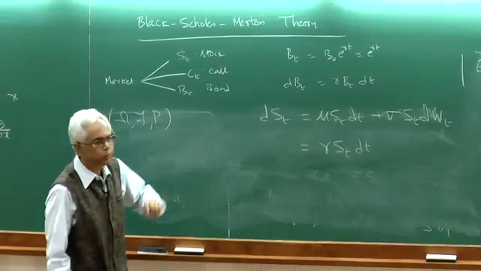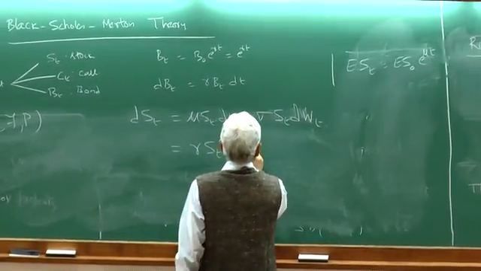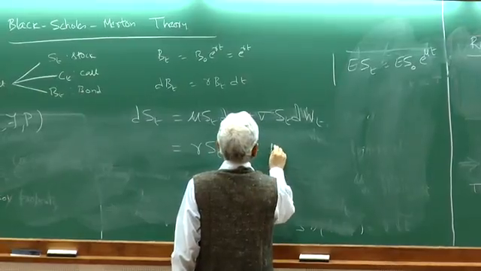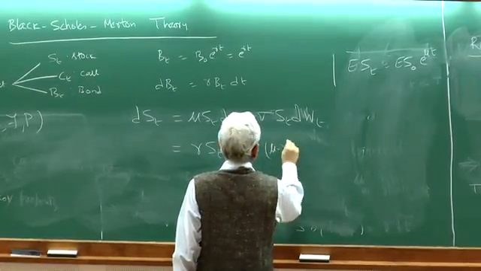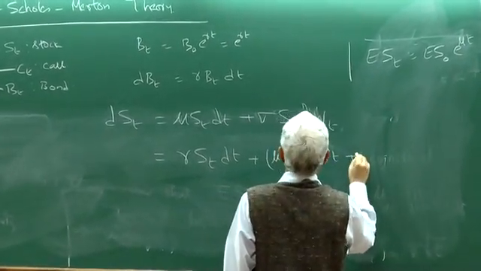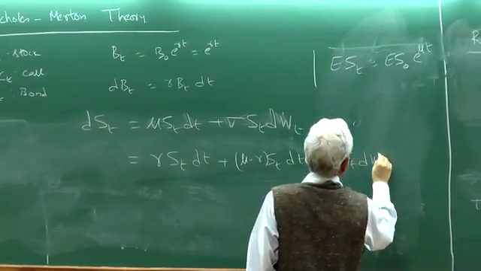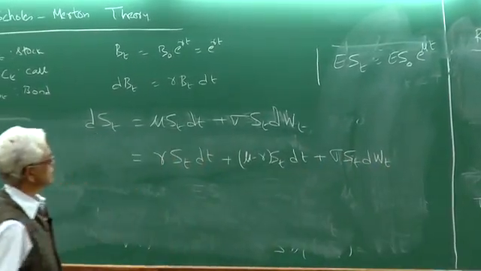Since I have added, I have to subtract. So this will be mu minus r times S_t dt plus sigma S_t dW_t, right?